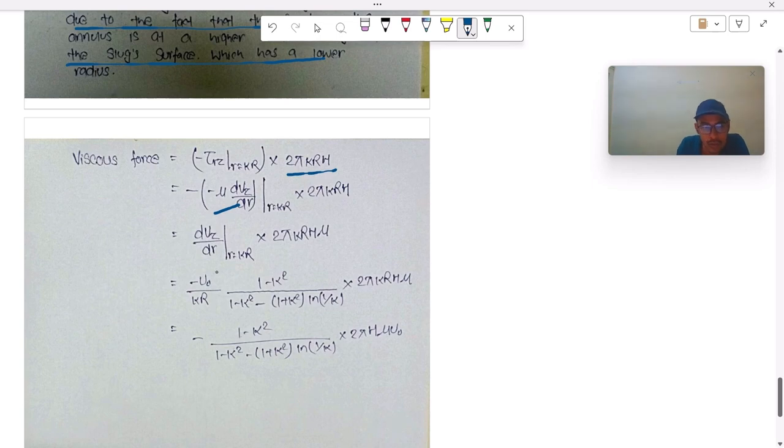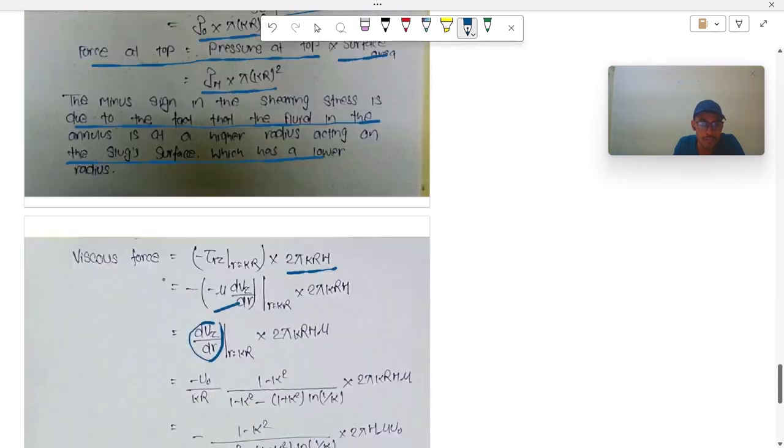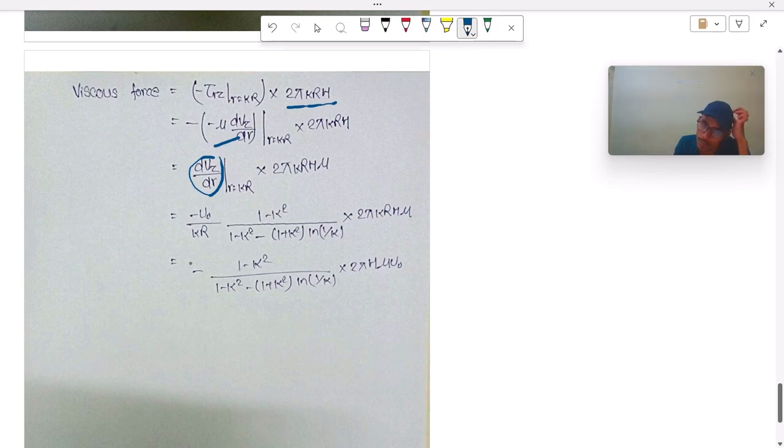So now we will put the value of dvz upon dr from the expression that we got earlier. We will differentiate it with respect to r and then put it in this expression, which is given by minus v naught upon kappa R into (1 minus k squared) upon (1 minus k squared) minus of (1 minus k squared) ln(1/k), into 2 pi kappa R h into mu.